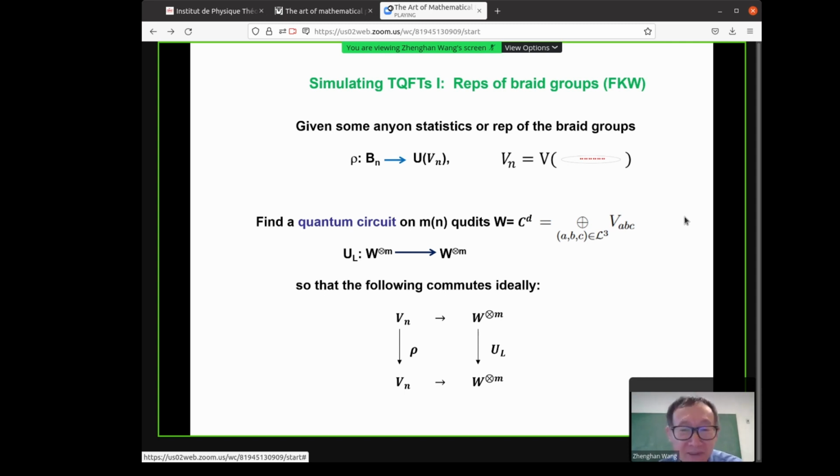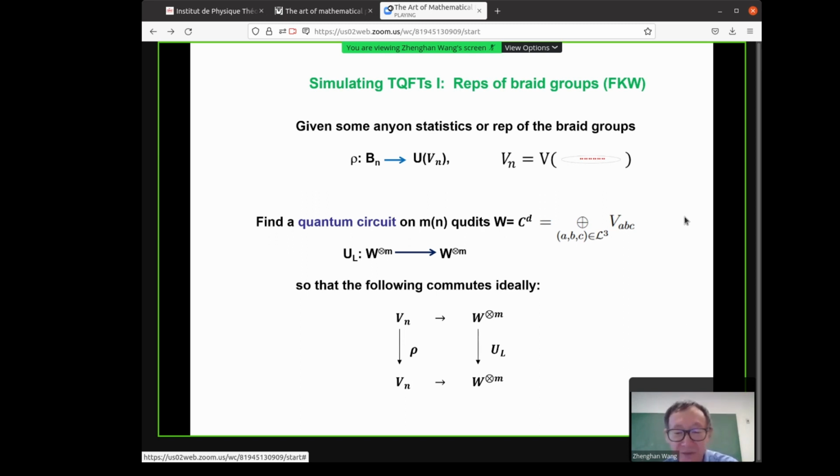So if you want to simulate a unitary of a braid group representation rho, as in the diagram below, you hope that you can embed your Hilbert space Vn into a tensor product of qudits, and you want this embedding to be efficient so that this diagram commutes. That means if you want to run the rho, you just run the quantum circuit.